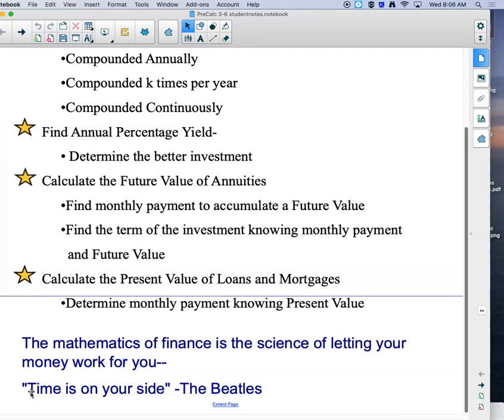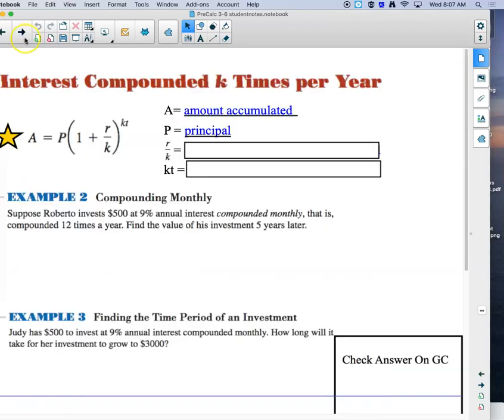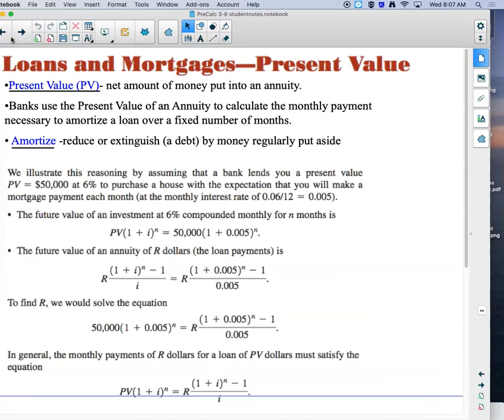Find the term of the investment knowing the monthly payment and the future value, and then calculate the present value of loans and mortgages and determine the monthly payment knowing the present value. This last one is often something that most people just turn over to the bank. When you close on a house, they just assume that everybody's done all of the math right and everything's working out. But it definitely is a good idea to understand the math that's taking place as you figure out what your payments should be. So we have the last 2 pages of the notes to talk about.